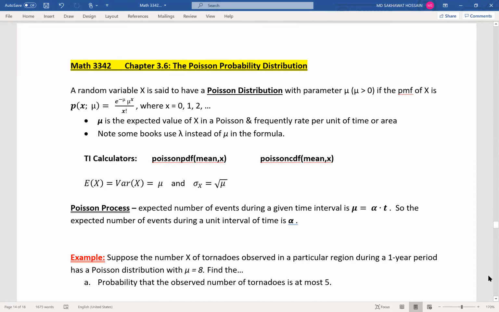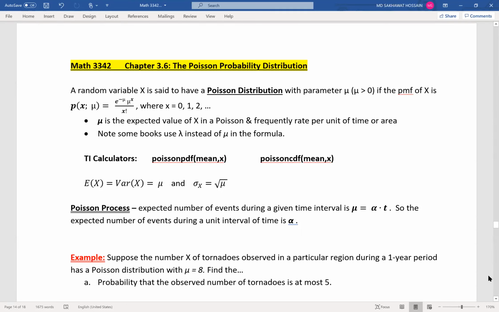So the expected number of cars passing the traffic signal during a specific time is the mean, the expected value, for the Poisson distribution. So this type of distribution is called Poisson distribution.